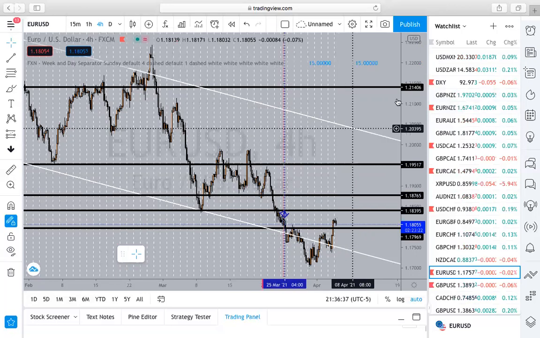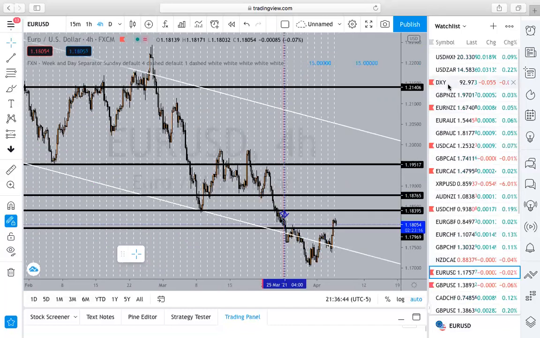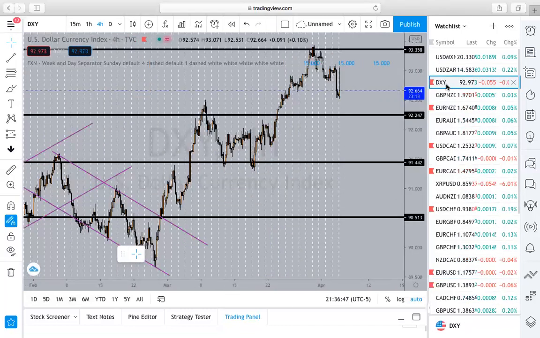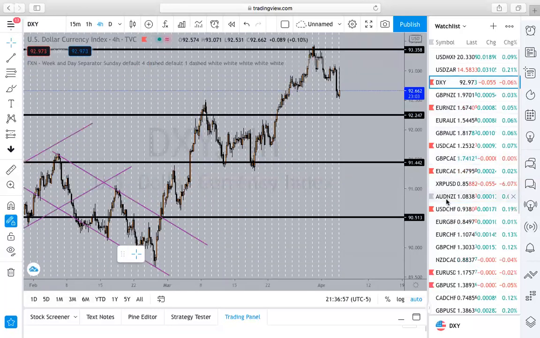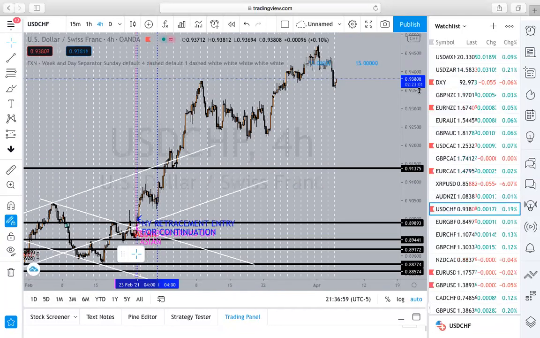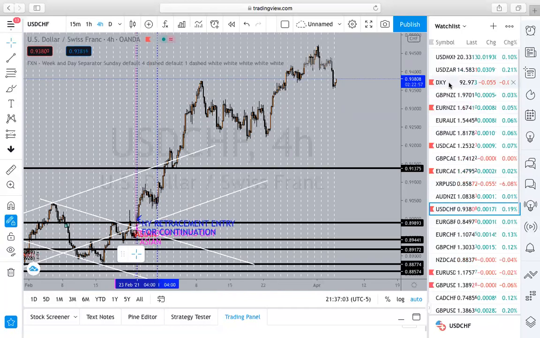Look at the Euro USD inverse to the DXY. Right? Crazy. DXY also is very similar to the USD Chf. Very similar structure going on with both of these.